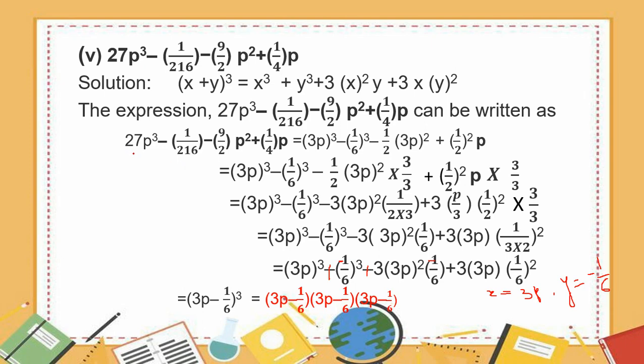So here we can say the given polynomial 27p cube minus 1 upon 216 minus 9 by 2p square plus 1 by 4 is 3p minus 1 by 6 into 3p minus 1 by 6 into 3p minus 1 by 6. So in this way, some terms we have to include which are given in the identity, as here it is given 3 and 3 is not there, so we included this 3 by multiplying 3 upon 3. So now we can factorize the given polynomial like this.